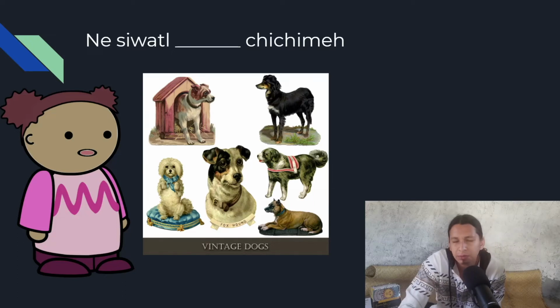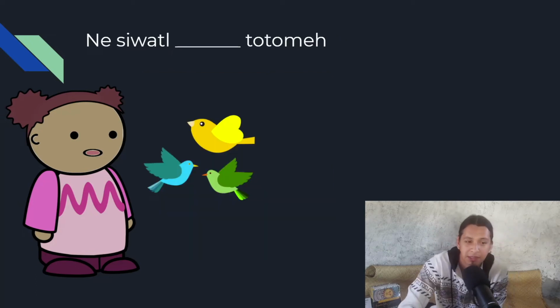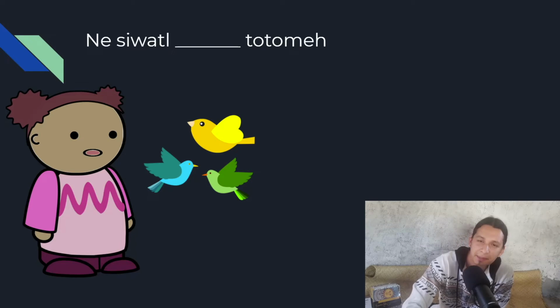Nesiwatl, what would we say here? Ki ita or kin ita? Here would be kin ita. She sees them. More than one bird, we would say kin ita. She sees them.